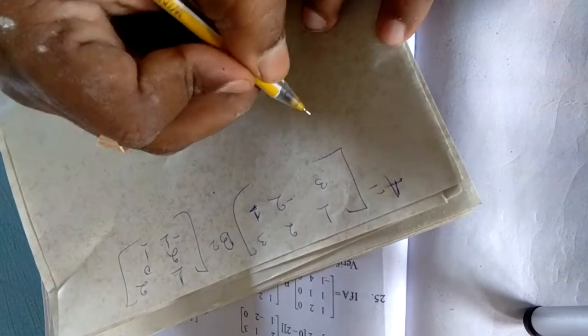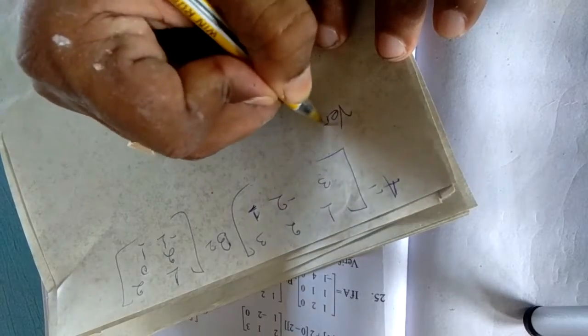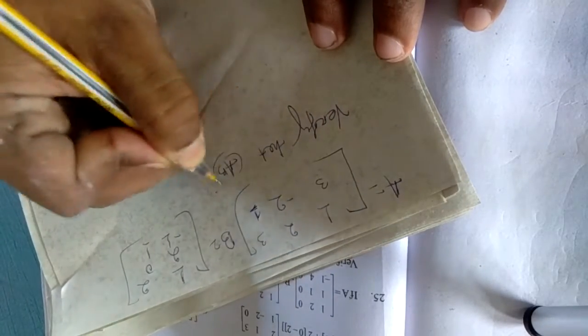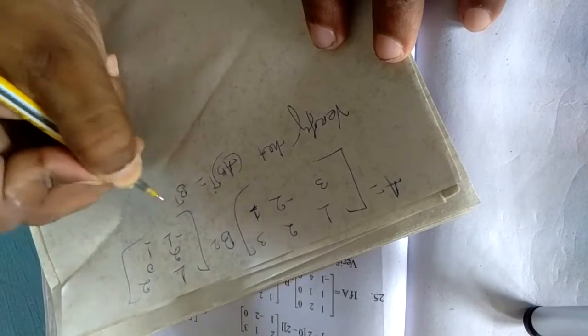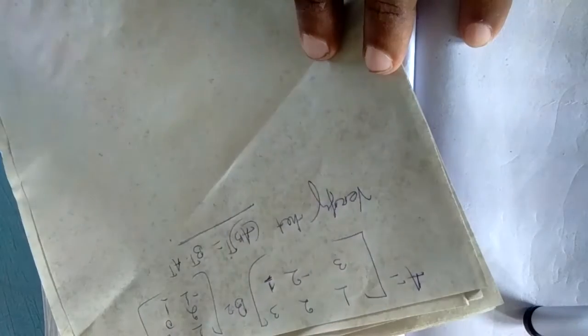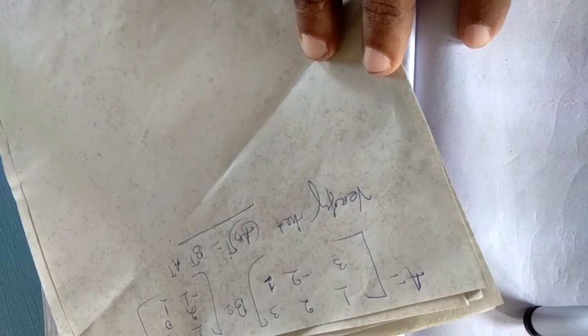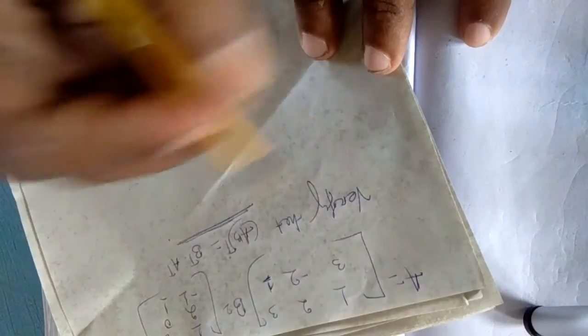We can show, that is verify, that (AB) transpose equals B transpose into A transpose. To show this we use the property of transpose of a matrix.